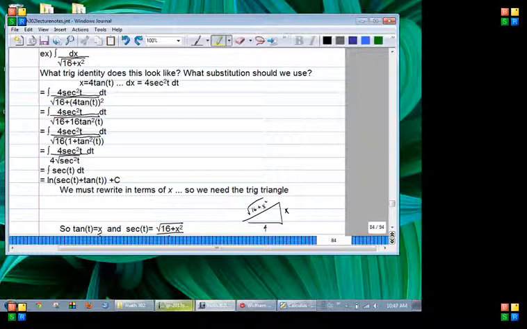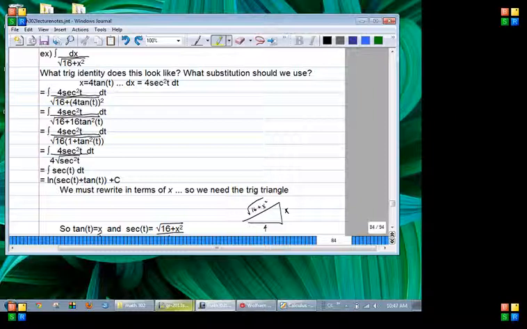So what do we need in our answer? We need tan t. Well, we already knew that was x over 4. We also need secant t. So what's secant t? 1 over cosine. Okay, so what's that in this triangle? Hypotenuse over adjacent. Exactly. So notice that you're going to need to remember the definition of your 6 trig functions in order to do these problems.